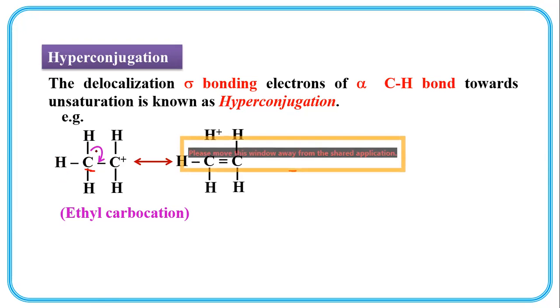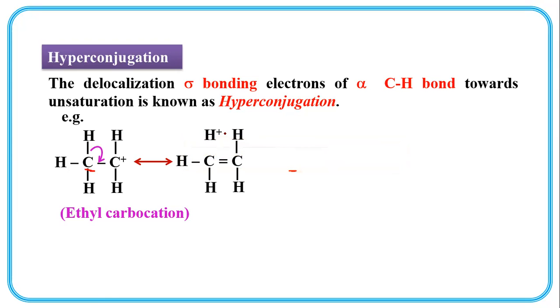Now here, to stabilize this positive charge, the adjacent sp3 hybrid carbon's sigma bond stabilizes it to form a carbon-carbon double bond, and the positive charge goes to H plus.